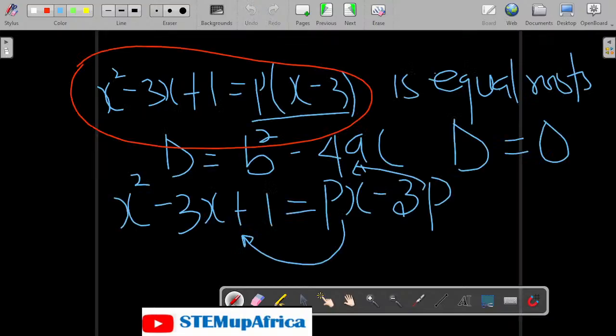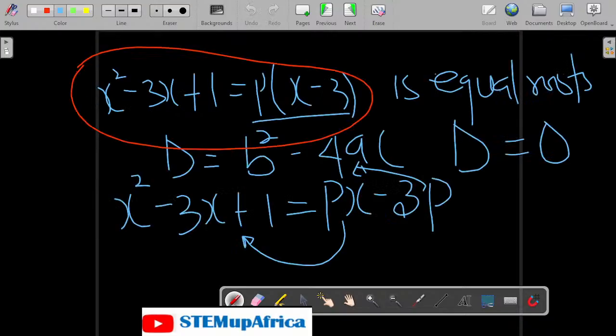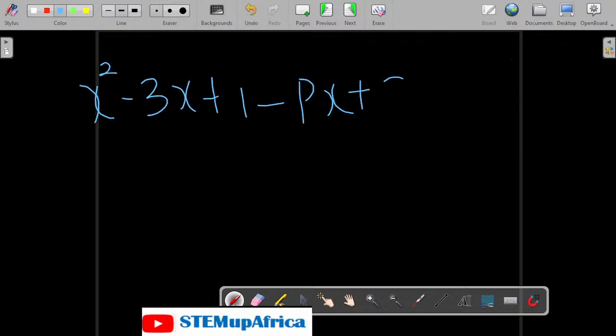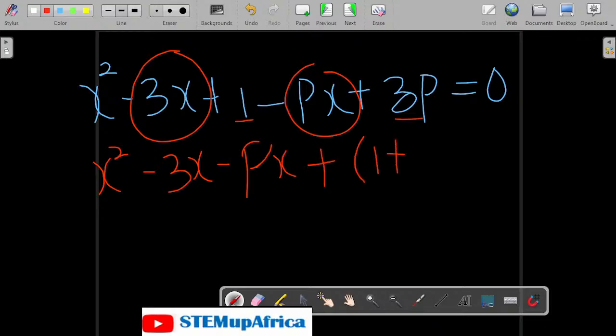Then if I'm bringing in px, it becomes minus px. If I'm bringing in minus 3p, it becomes plus 3p. Nothing left here, 0. I can group these two together because they have x, so I'm going to have x squared minus 3x minus px. Then these two I'll group because they have no x: 1 plus 3p equals 0.